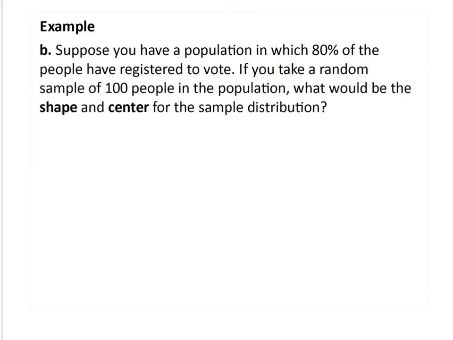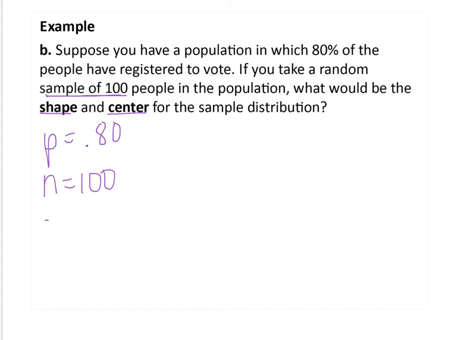So let's take a look at that example again and build on it. It says, suppose you have a population in which 80% of the people have registered to vote. So we know that P is 0.80. If you take a random sample of 100 people, so N is 100, what would the shape and center be for this distribution?